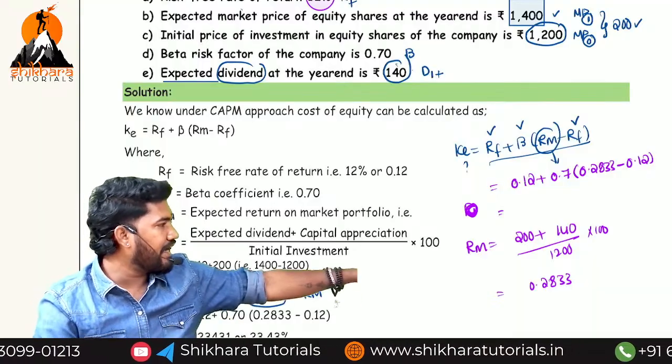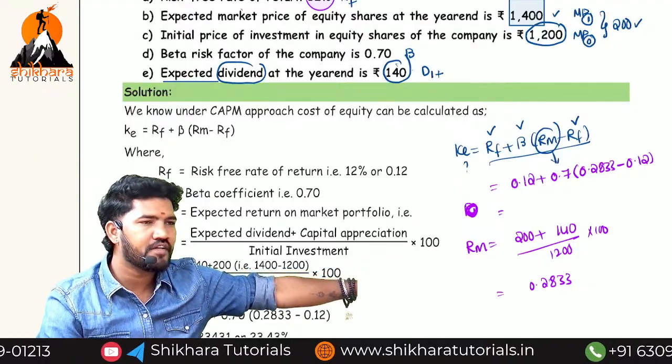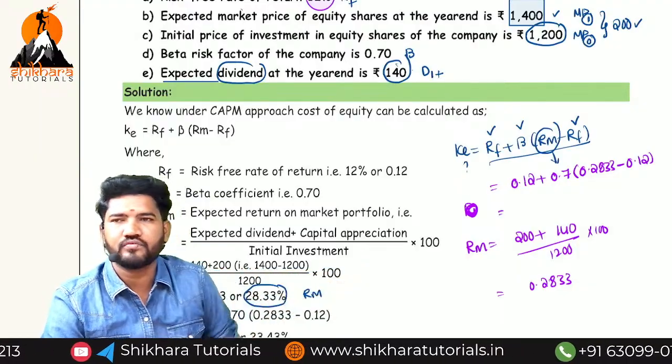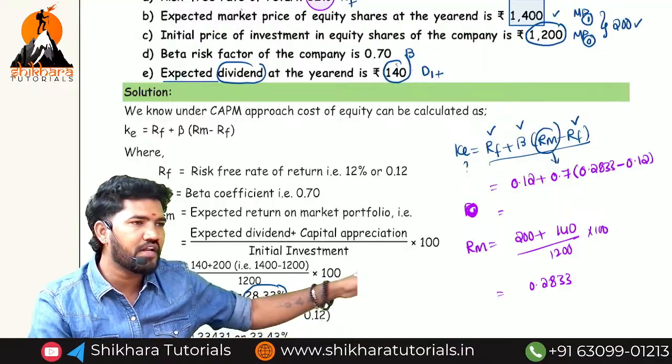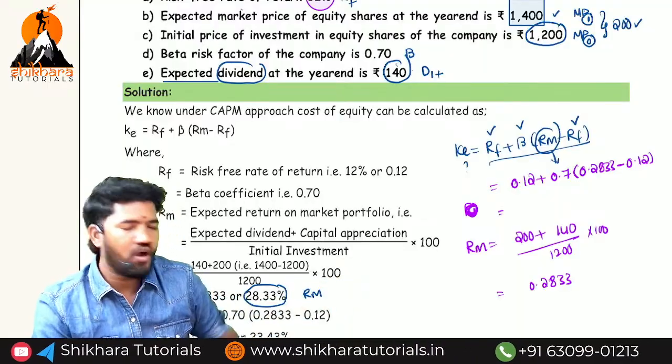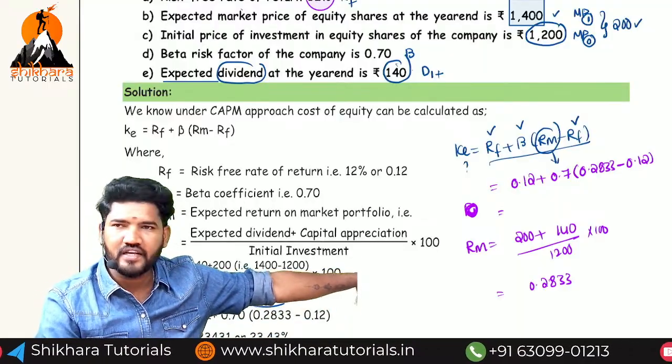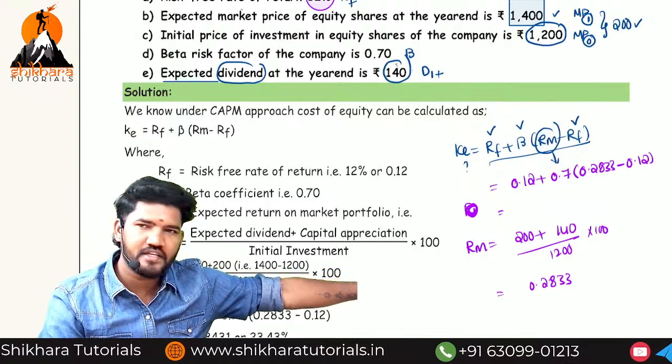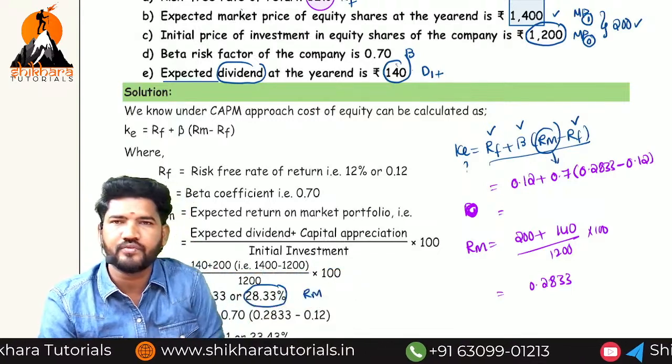First calculate the bracket value, then multiply with 0.7, then add 0.12. Order of calculation is also very important here.